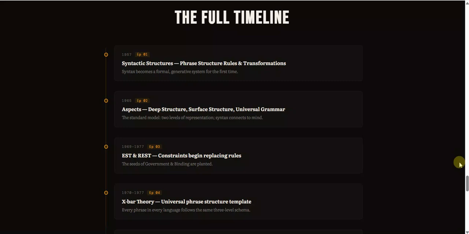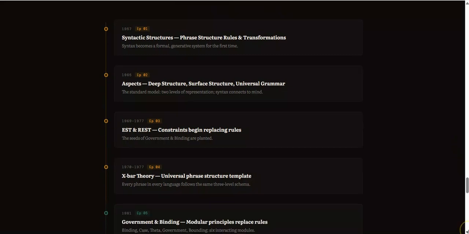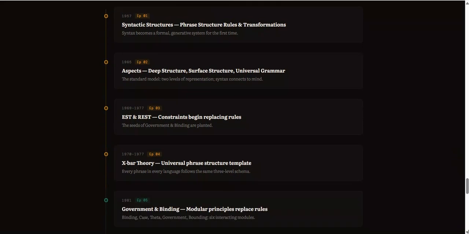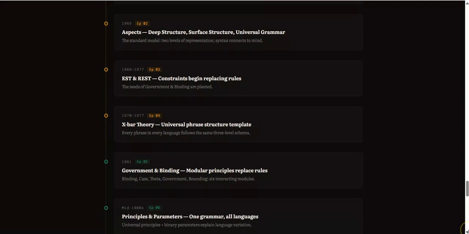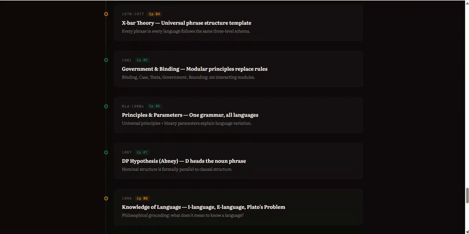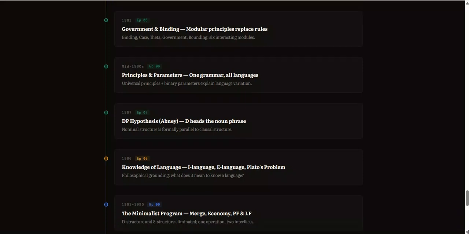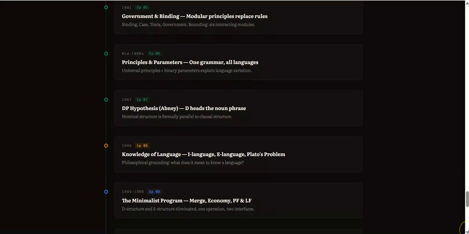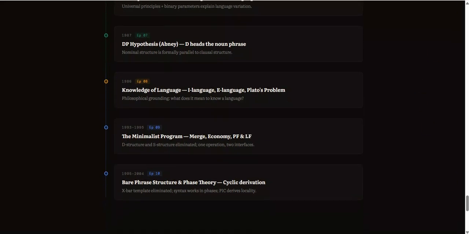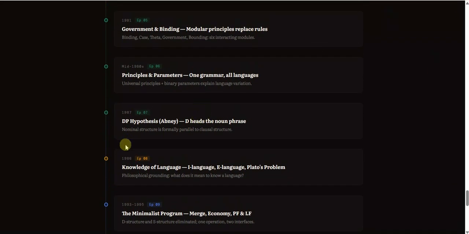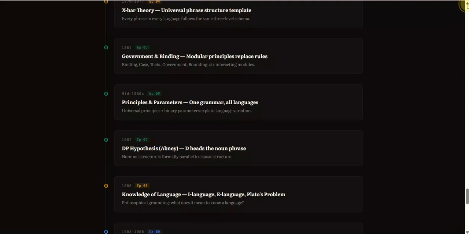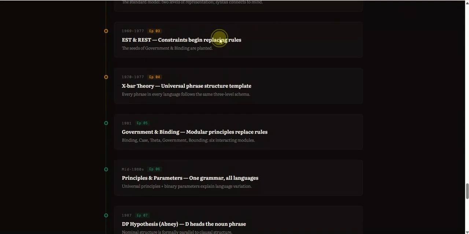Let's look at it slowly. These colors represent which is part of which. This one, as it's golden in color, is part of this, which is X-bar.